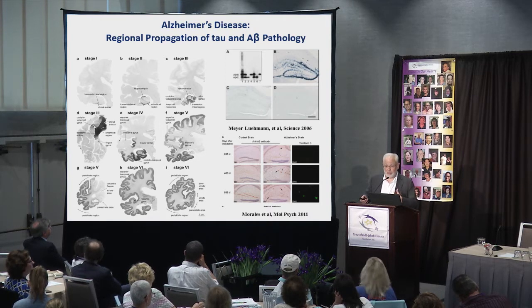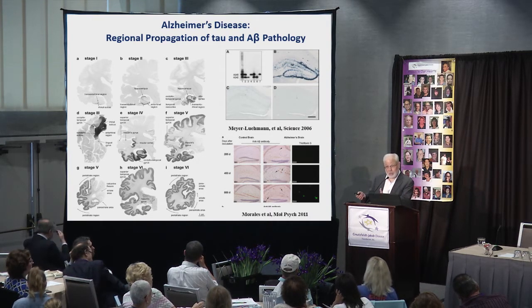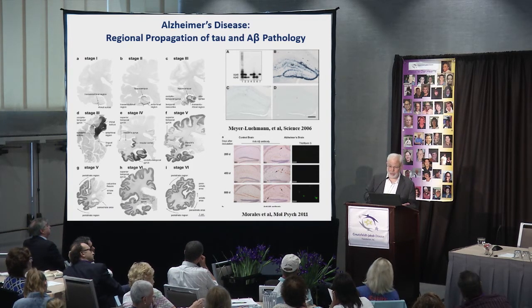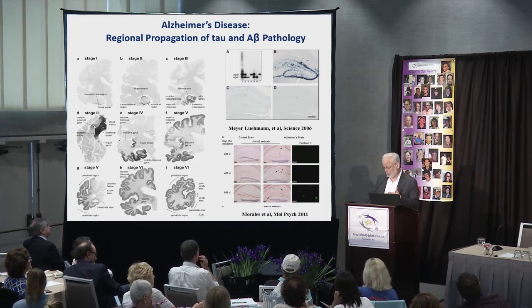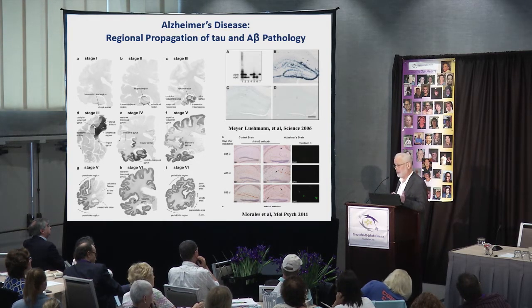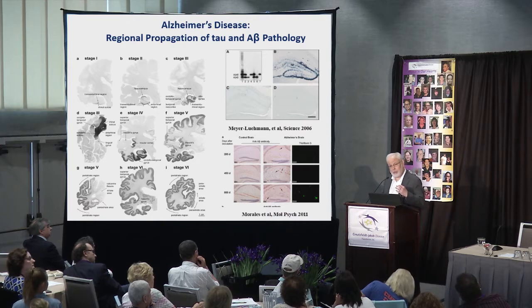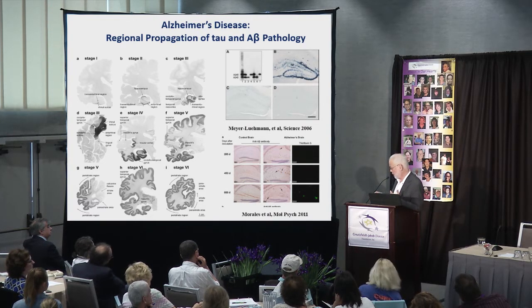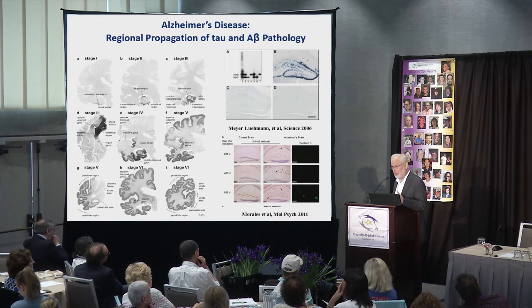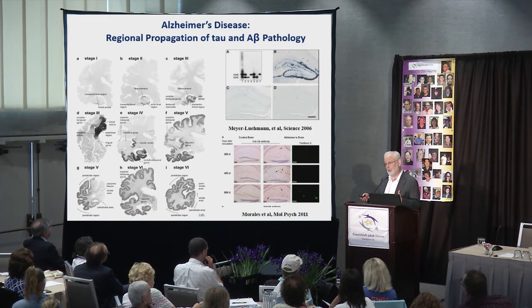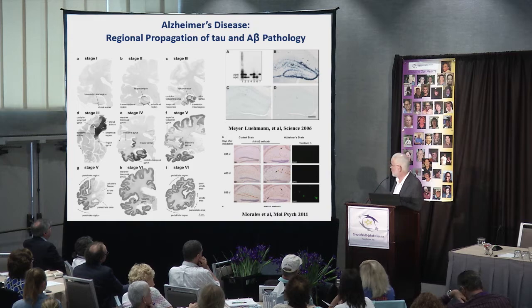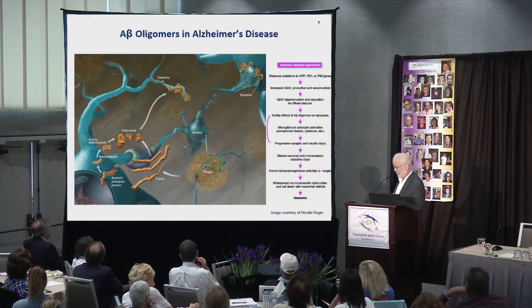So this is something that can be transmitted from human to mouse. It can be transmitted in other animals. And there is a systematic spread of both the injected material and the pathology in tau, which turns out to also be a prion-like protein in Alzheimer's.